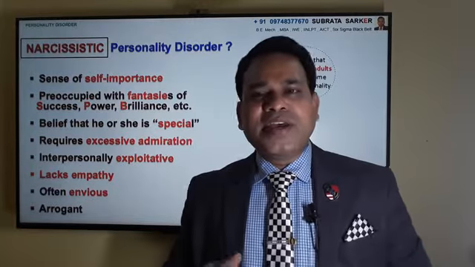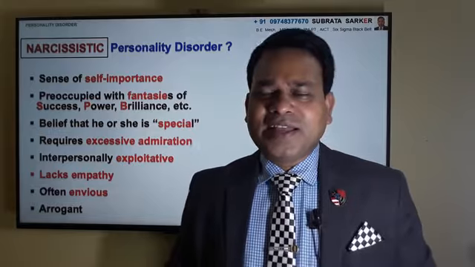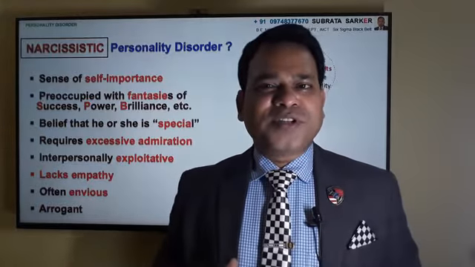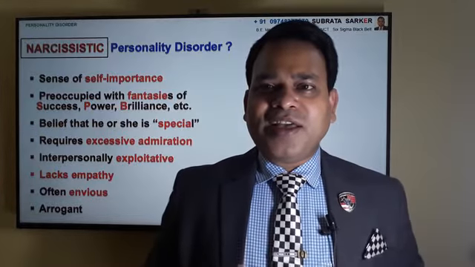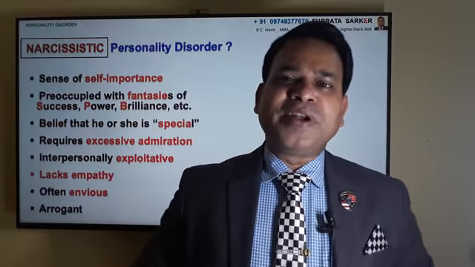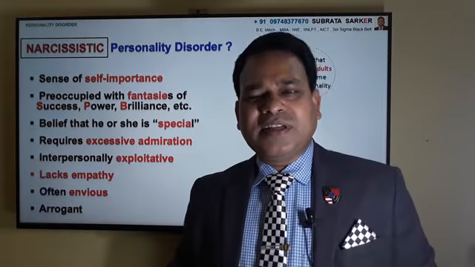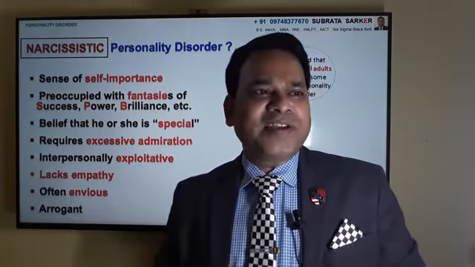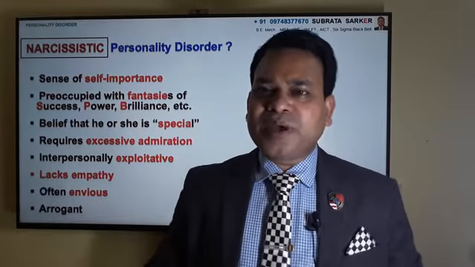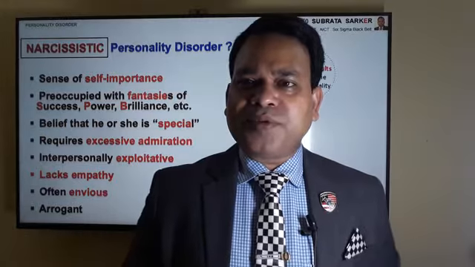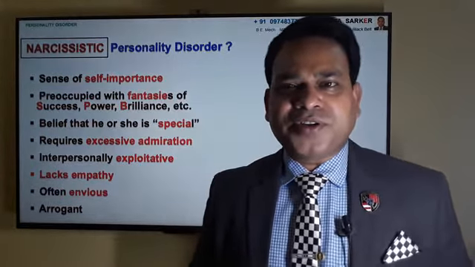They are preoccupied with fantasies. They think they are very successful. They may be successful, but even those who are not feel that they are successful. They are very brilliant, very special, and they always need excessive admiration. These people have a lack of empathy, and they are arrogant people, those having this narcissistic personality disorder.